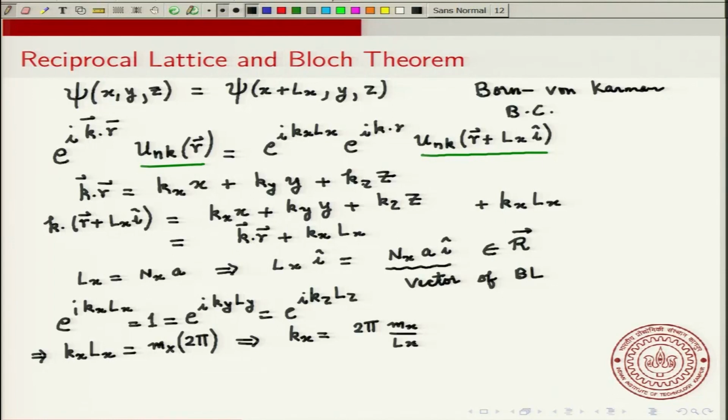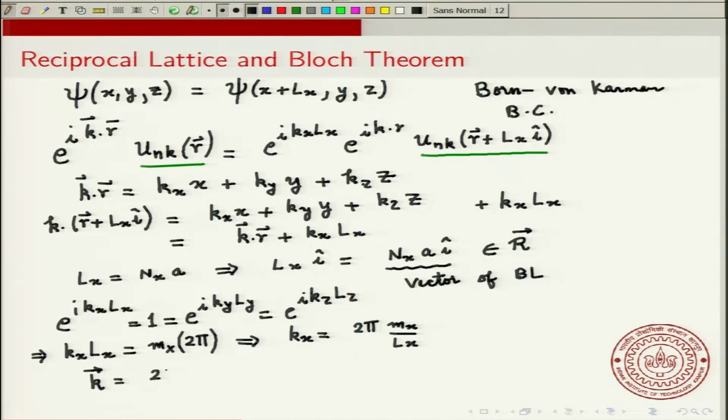And what this implies is that all the k's should be, in general, of this form for the k vector.